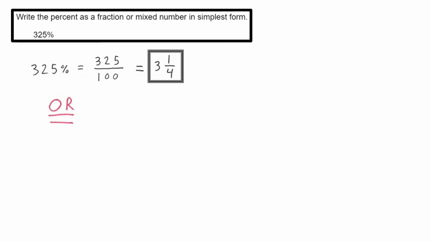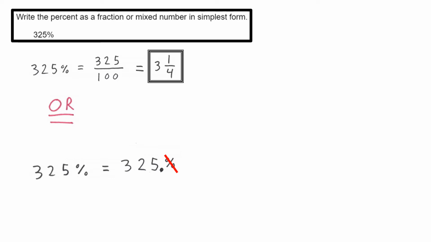I'm going to show an alternative that some students like. To change from a percent to a fraction, you can, if you like, first change the percent to a decimal and then change the decimal to a fraction. To change this percent to a decimal, we need to recognize, since they didn't show the decimal point, that we can put one in immediately to the right of the 5.